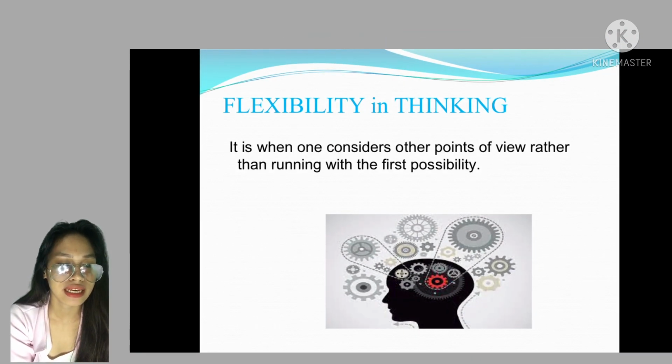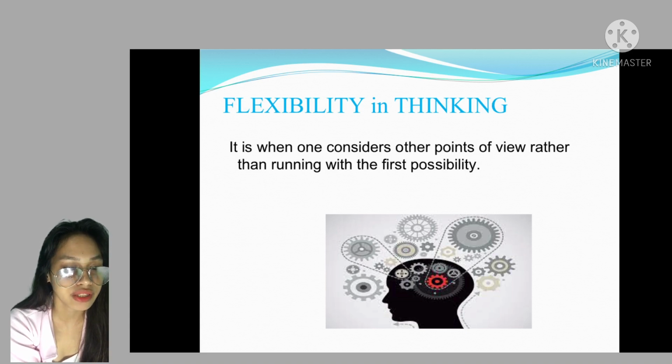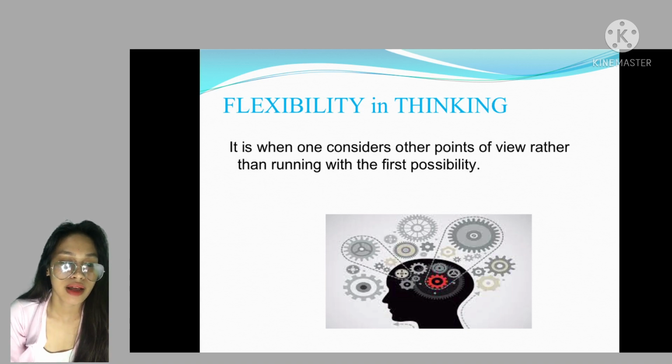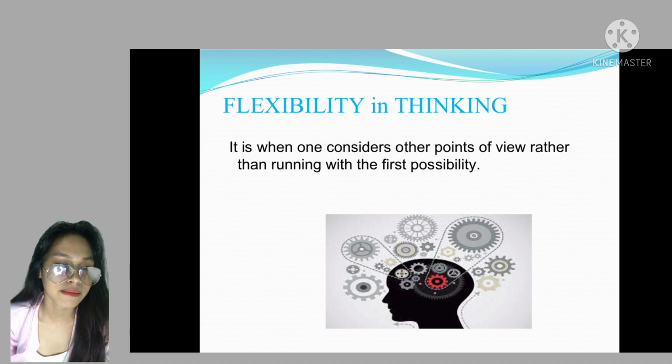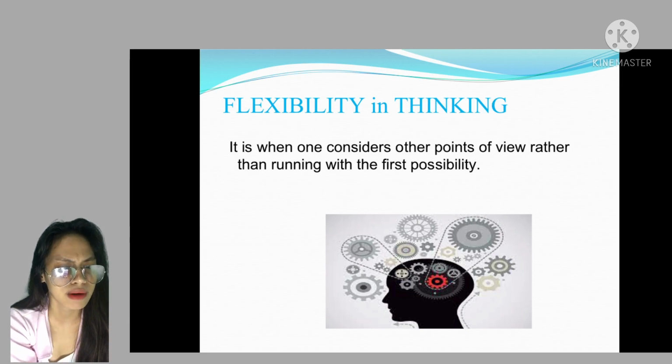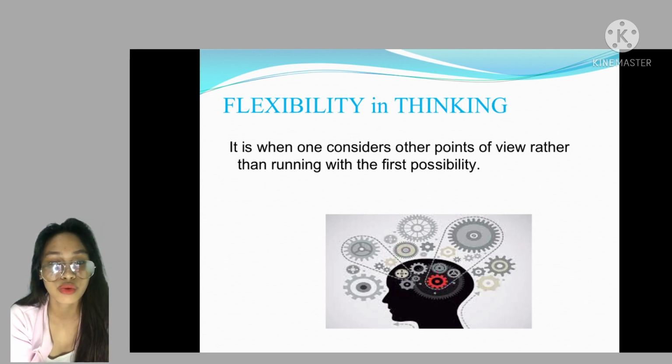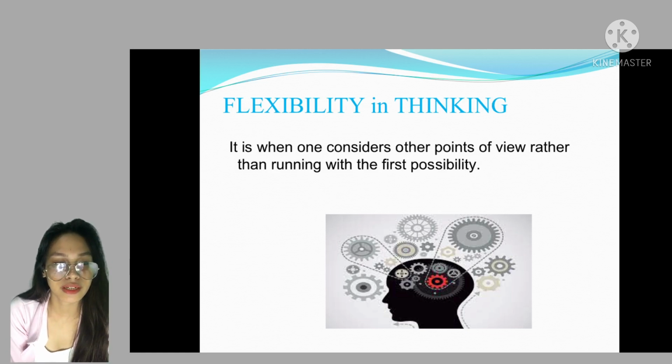Flexibility in thinking is when one considers other points of view rather than running with the first possibility. Flexible thinking is the ability to adjust attention and responses, switch rules, or adapt to new, unexpected situations.